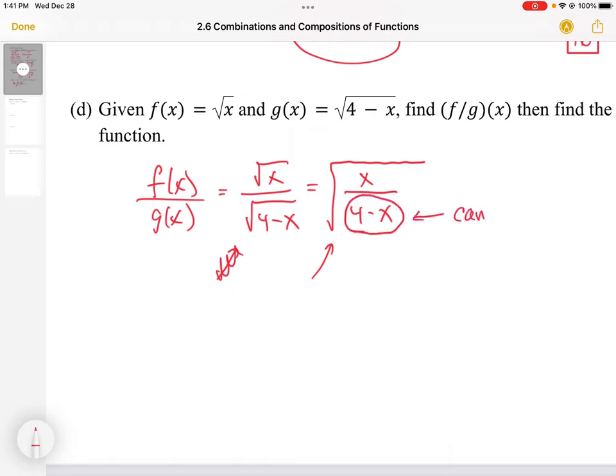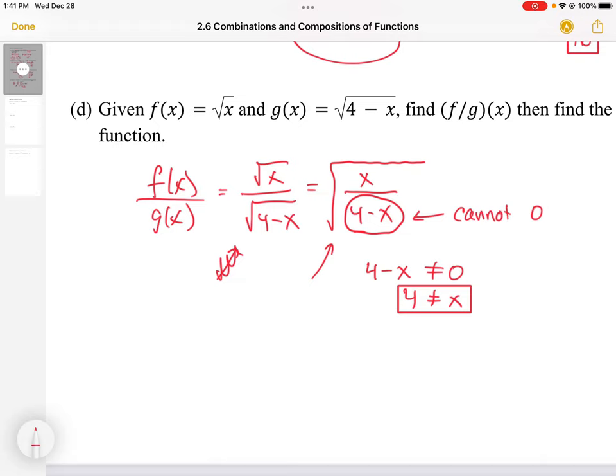We cannot have a 0 in a denominator. So that means 4 minus x cannot equal 0. So I need to solve this statement and find out, well, what value of x does make the denominator 0? Well, if I add x to both sides, I get this. So that means x cannot be 4.